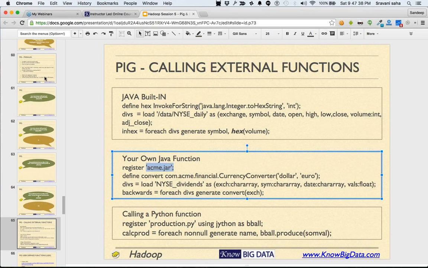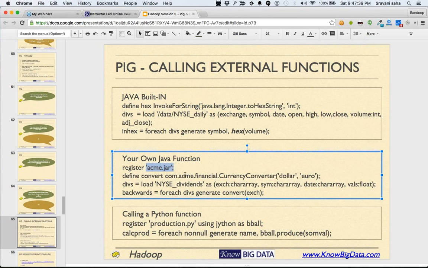And then you say define, and you give the name of the new function which you want to define, and then the original class, this is the original class.